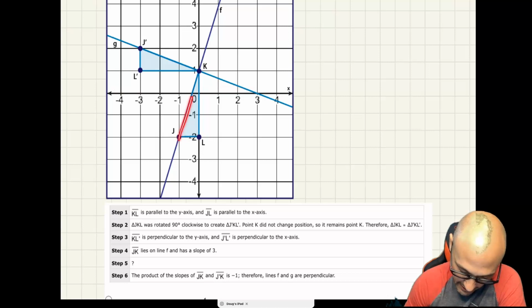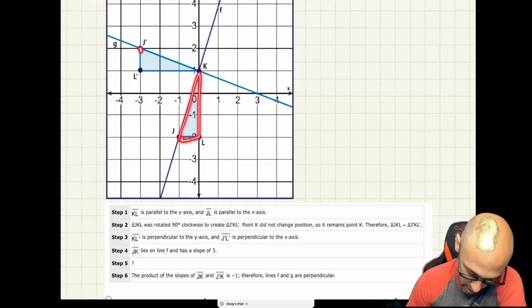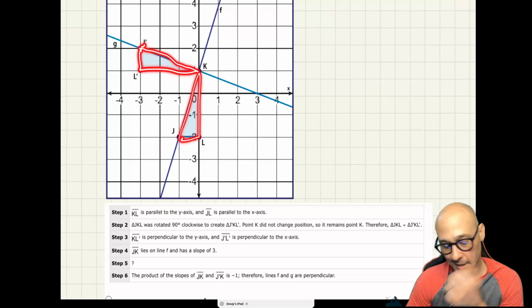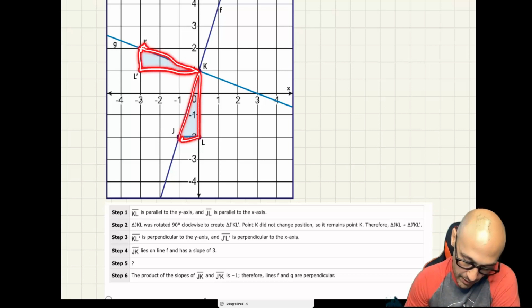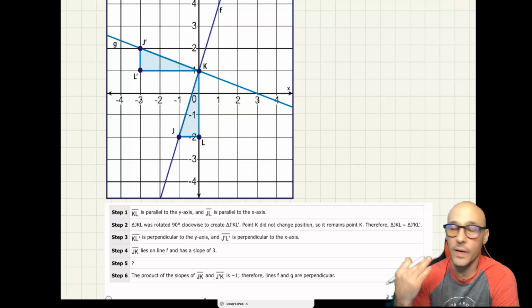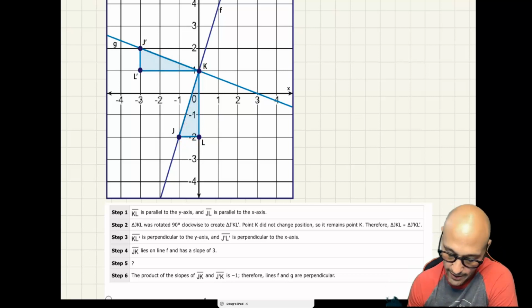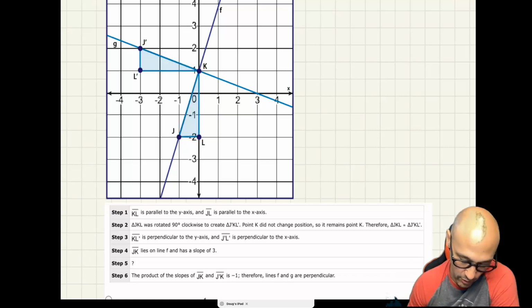Triangle JKL was rotated 90 degrees clockwise to create triangle J prime KL prime. Yep, I can see that it was rotated. But point K didn't change position, so it remains point K. And because all we did was a rotation, those two triangles are congruent. All right, so far so good.